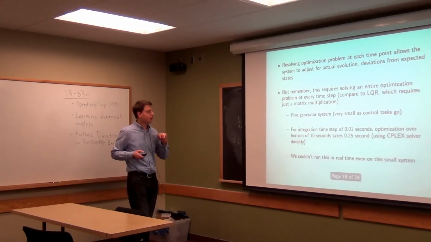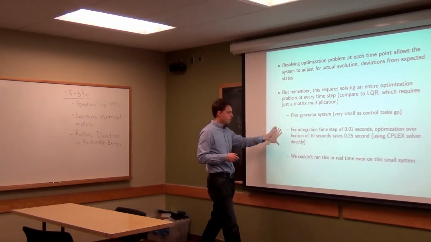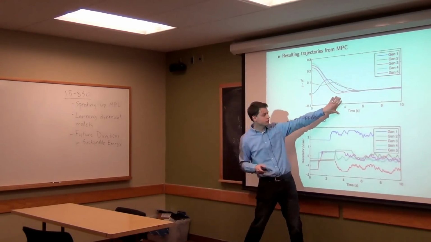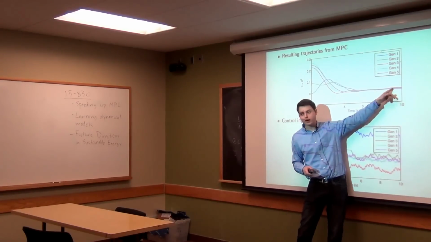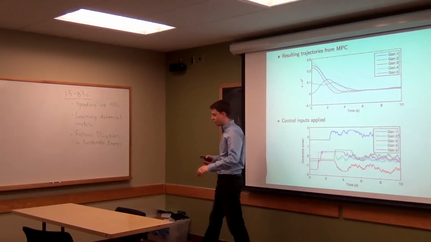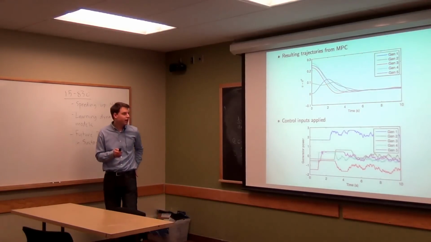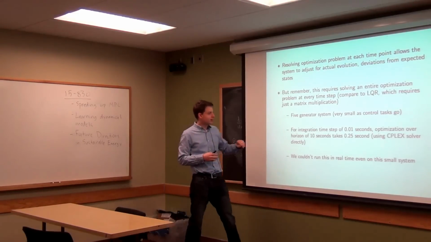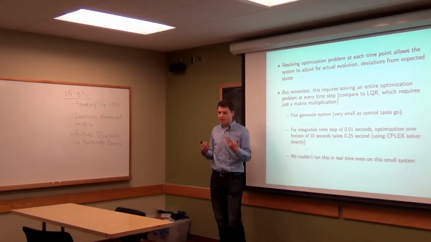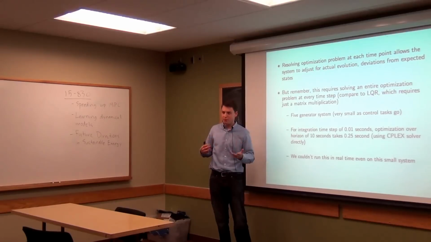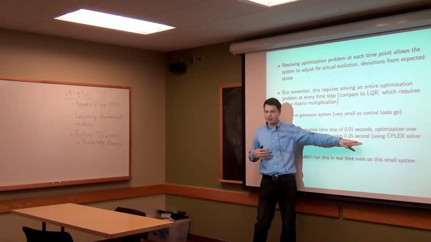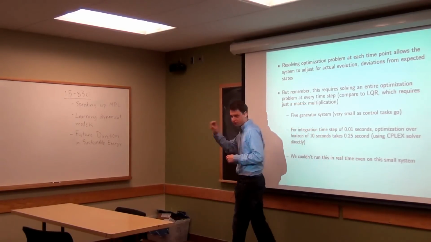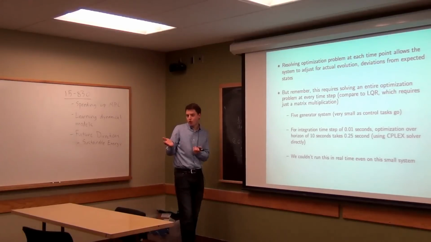And I mentioned in the previous slide that for this task that I set up here, which is this generator control task, where you want to regulate all these around some desired voltage angle, solving the MPC, as I set it up in the previous slides, takes about, even with very, very fast methods, so this is really me trying to do as fast as I can, without maybe writing my own custom solver, but using Cplex, which is a pretty fast solver, and writing it in a form that's native to Cplex, I can solve it in about 1/4 of a second.